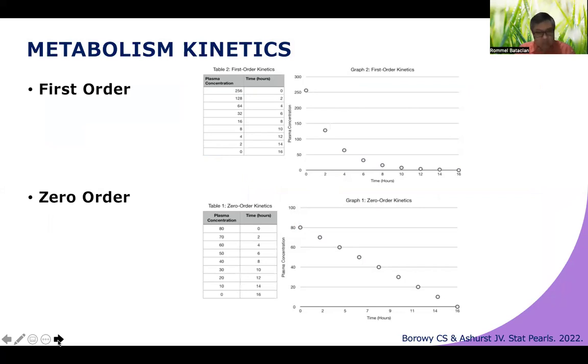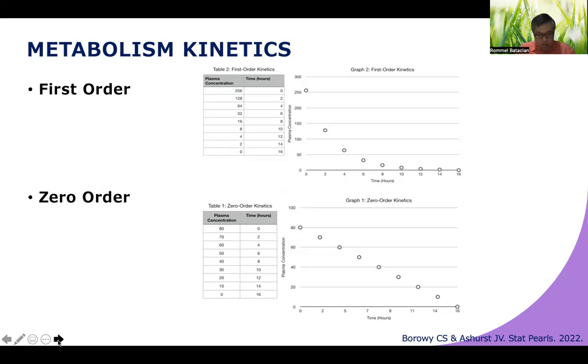There is the first order kinetics and the zero order kinetics. They are the common models used to describe how fast the drug is eliminated from the body, or the rate of elimination. So this determines how the elimination influences the serum drug concentration. Let's go first with the first order.